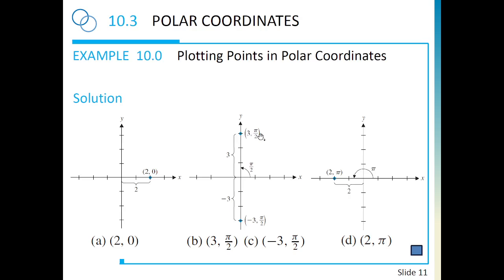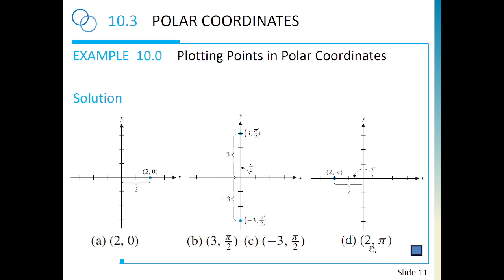So 3 pi over 2 plus 2 pi would be another representation. I could subtract 2 pi, so then I will have a negative angle here. So there are many ways to represent the same point in polar coordinates. If I add 2 pi or subtract 2 pi, I get the same point, it's just a rotation, and I end up in the same place.